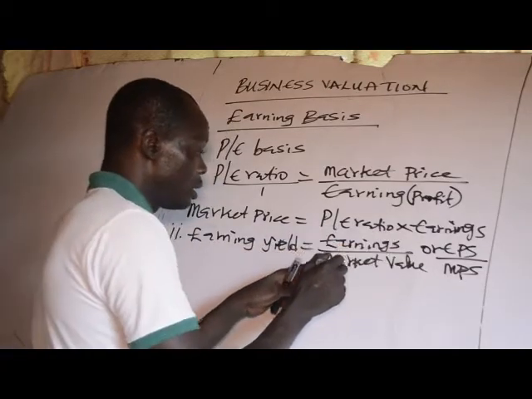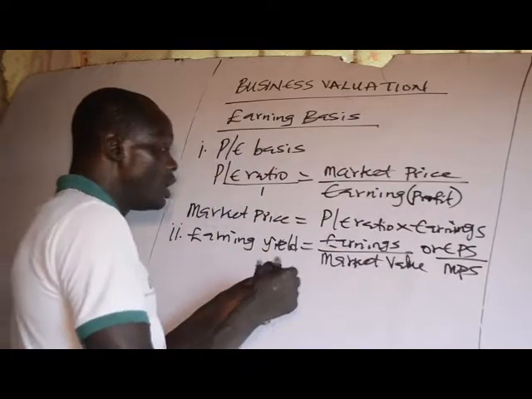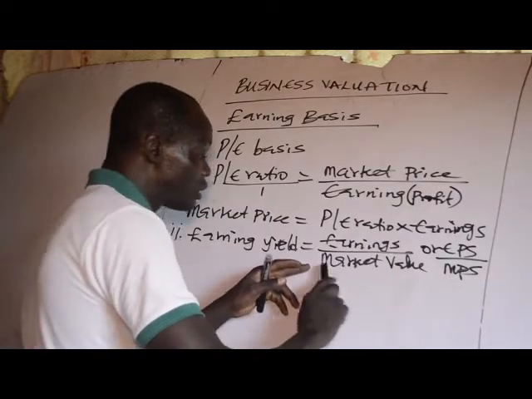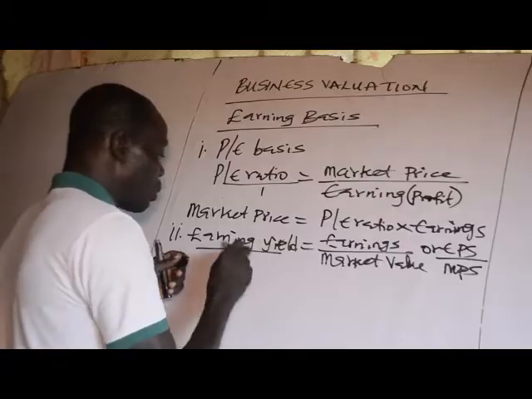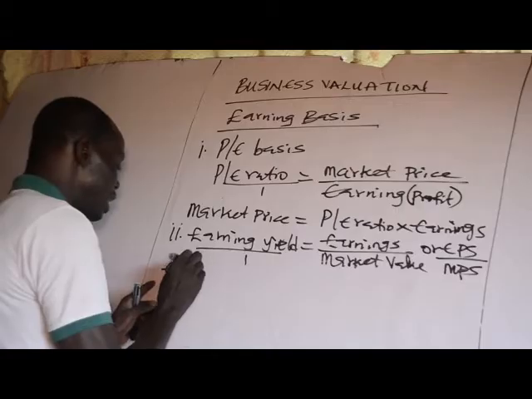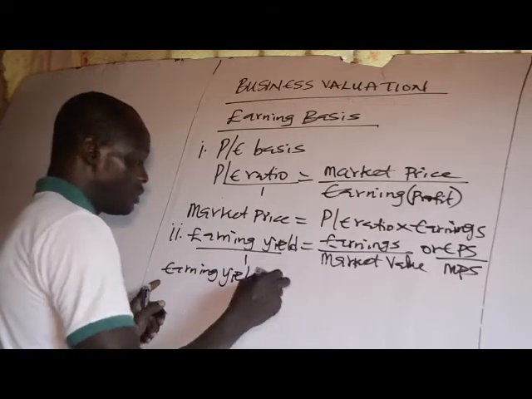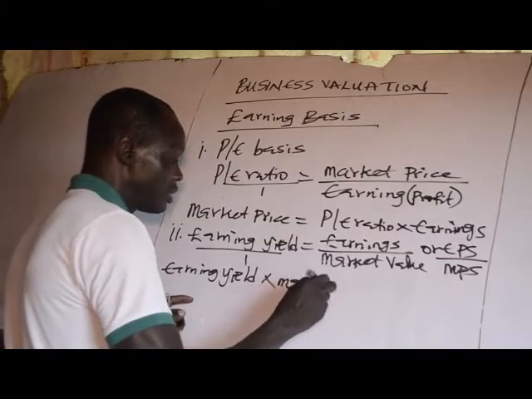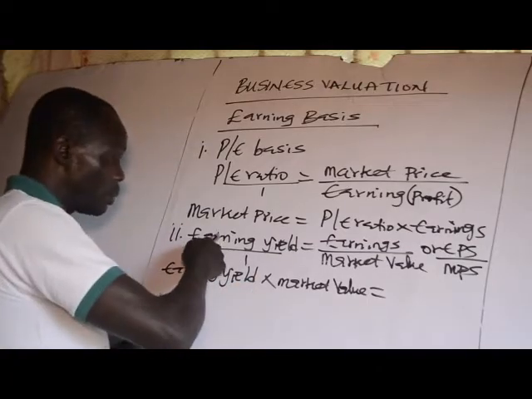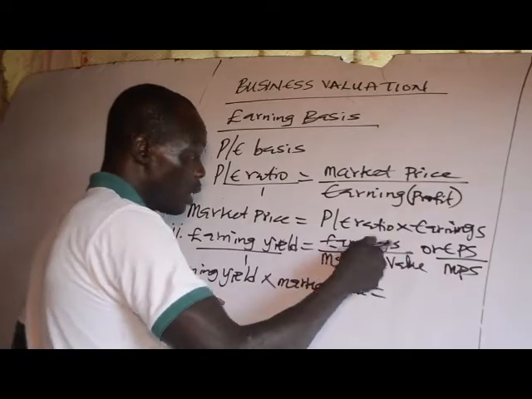So if earning yield is earnings over market value, meaning that to value the business, what you want to determine is the market value. Just make your market value the subject of the formula. If you take this over 1 and cross multiply, you have your earning yield times market value equals earnings.